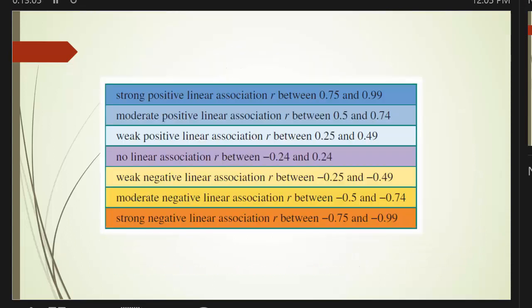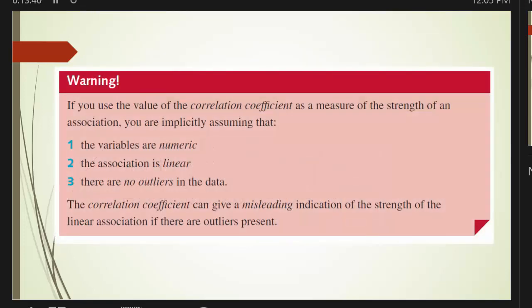There are two things that come up in the exercise, which is not very long. One of them is to make sure the data is linear, it's numeric, and there's no outliers. And secondly, this is how you interpret your R value. So your first question, that's what I just said: linear, no outliers, and numeric.